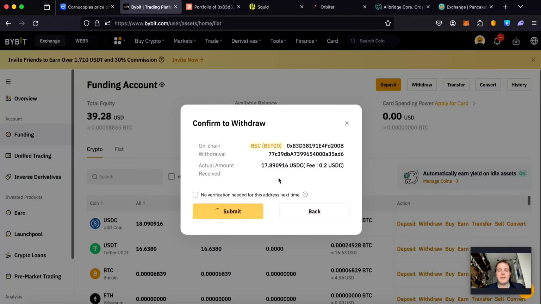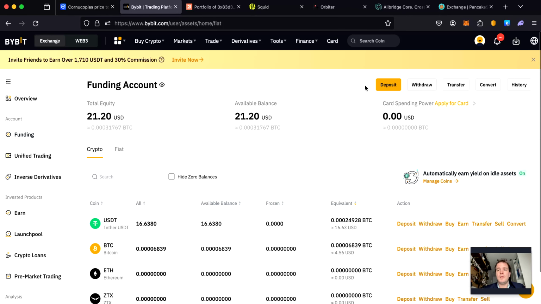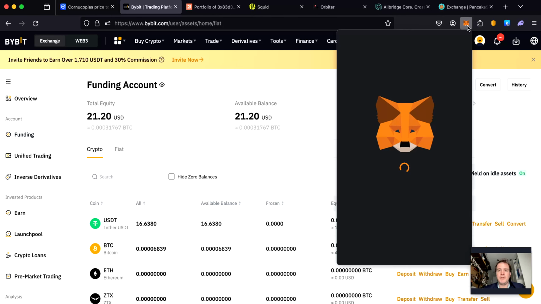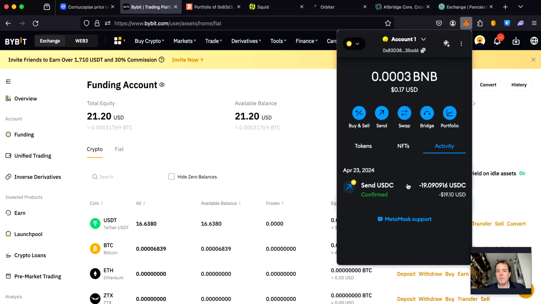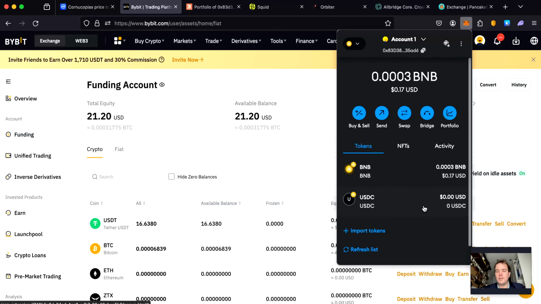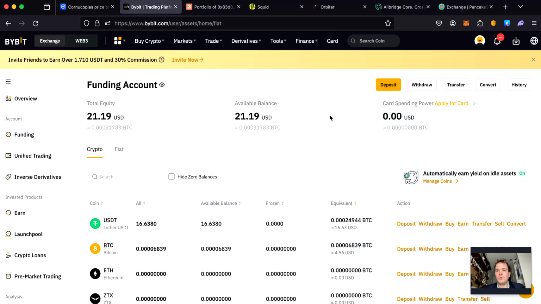Okay, so I'm going to hit next step, withdraw, and then my assets should be, once I switch over to BNB chain, they should be here. So once I look at it here, this USDC should populate. So this should take no more than a few seconds.